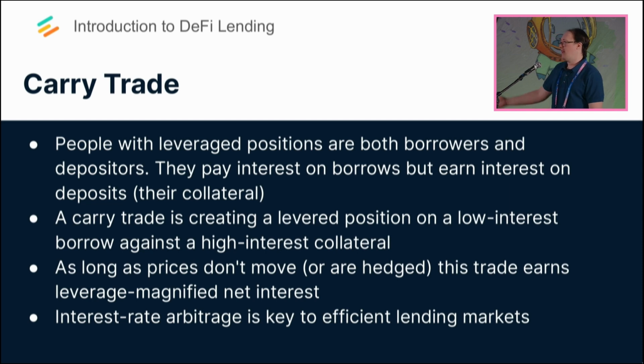In this case, the obvious one is you take a levered position on a low interest borrow against high interest collateral. The classic example in traditional finance is you borrow Japanese yen, which charges almost zero interest rate, and you take advantage of the difference with something like the Australian dollar, which has a very high interest rate.